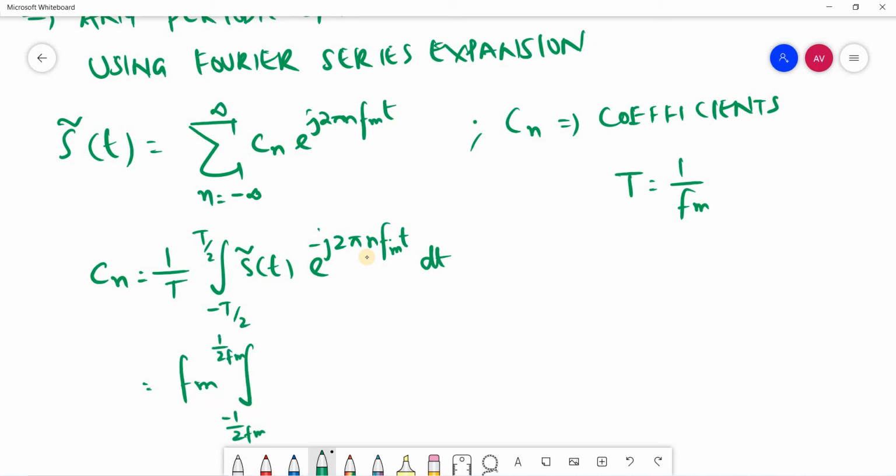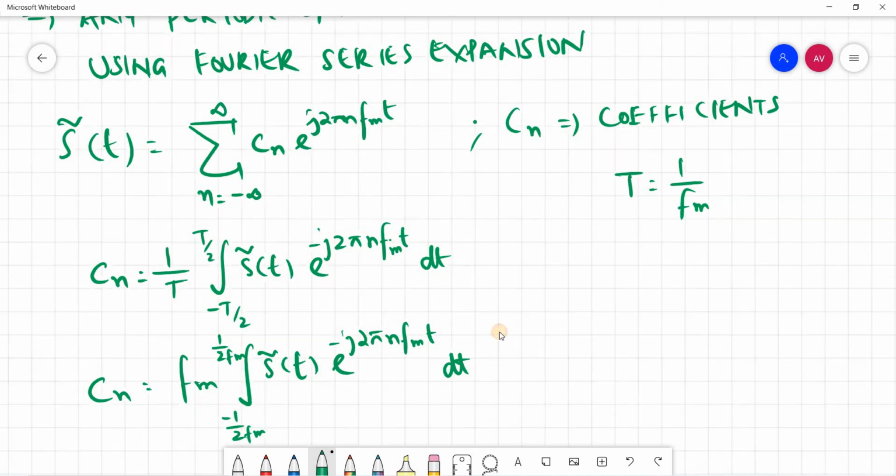So integral minus 1 by 2 Fm to 1 by 2 Fm, s tilde of t times e power minus j 2 pi n Fm t, dt. This is how we can find the Fourier series coefficients.